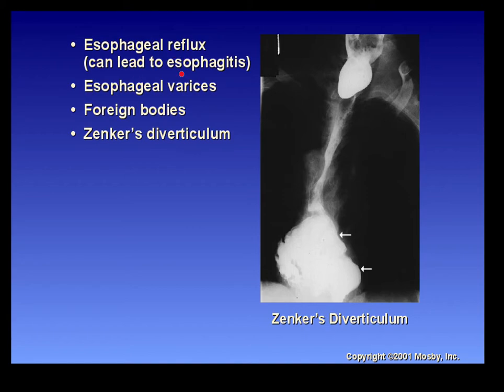So esophageal reflux can lead to esophagitis. So itis, inflammation. So when you get that reflux, you get that acid coming up, and then it's going to irritate your esophagus, and it's going to cause inflammation. So also esophageal varices, foreign bodies, and then Zenker's diverticulum.